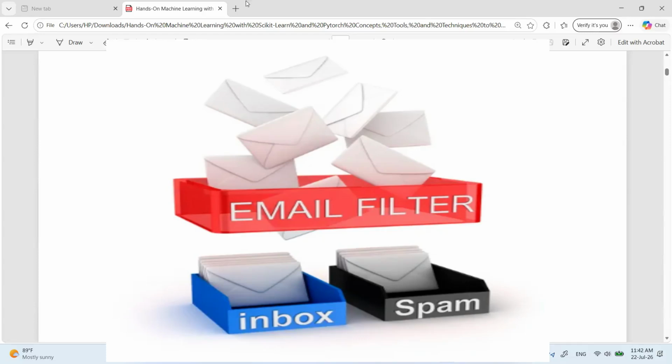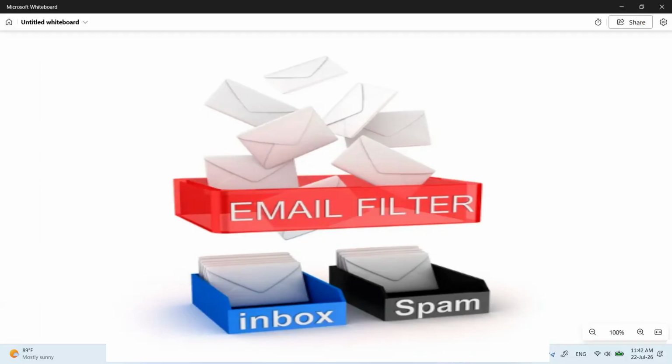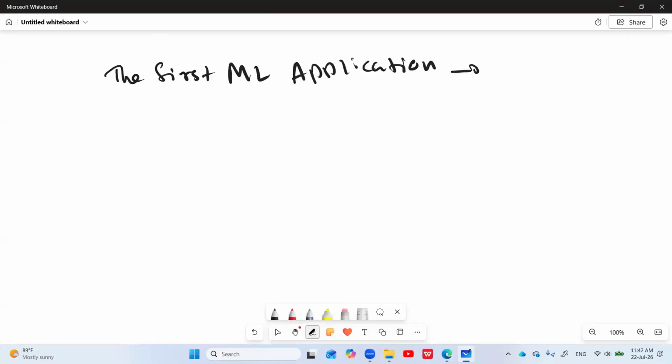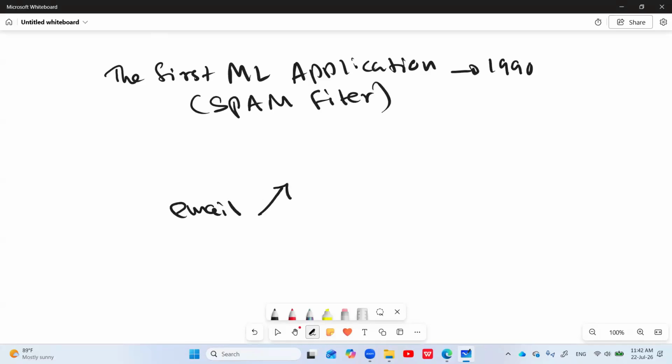Okay, we will go to our writing pad. The first ML application in the 1990s, that is what? Spam filter. There you can classify your emails as spam and ham. Ham means good emails, the correct emails you want to have.